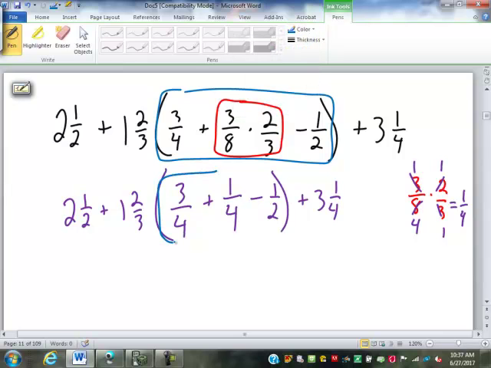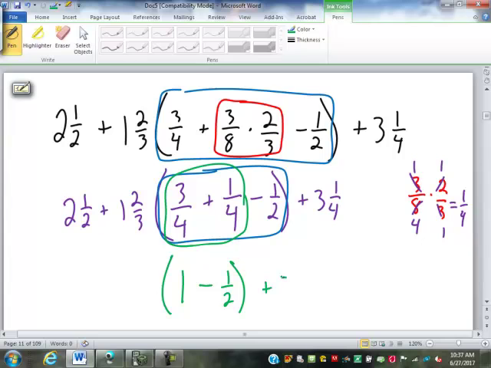Now we're still working inside this parentheses. There's no more multiplication or division, so we're going to add or subtract going left to right. So we've got 3/4 plus 1/4, which is 4/4, or just 1. Next, we're still inside the parentheses there.